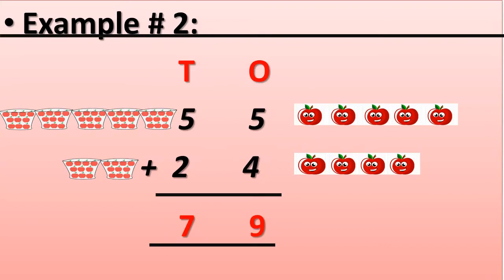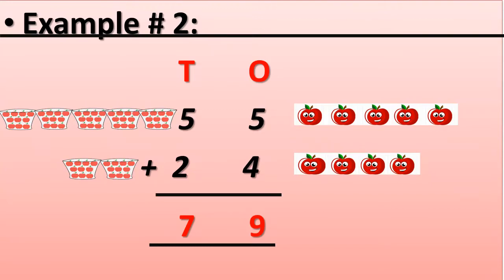Now we will solve tens column in which we will add 2 into 5. Let's solve. We have 5 apples here and 2 more apples. Let's count how many apples we have all together. 1, 2, 3, 4, 5, 6, 7.